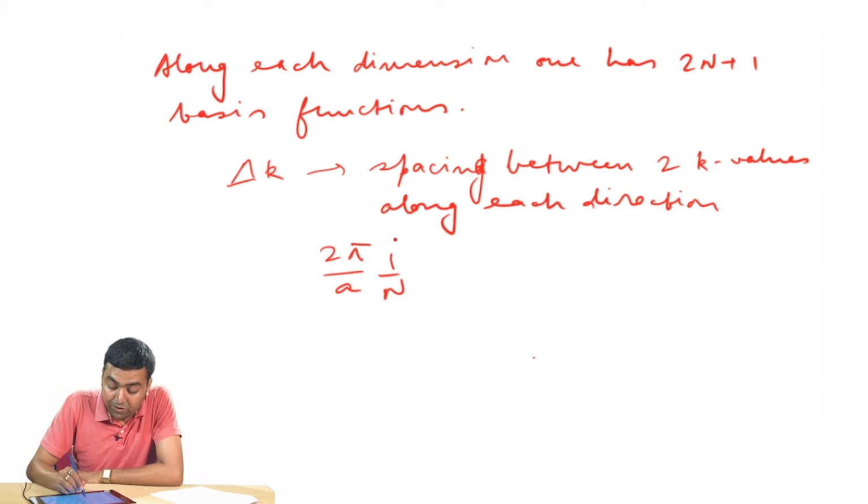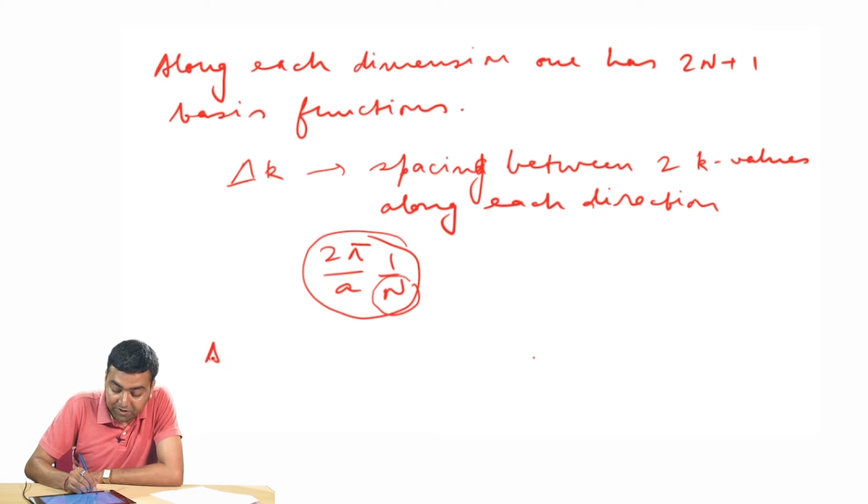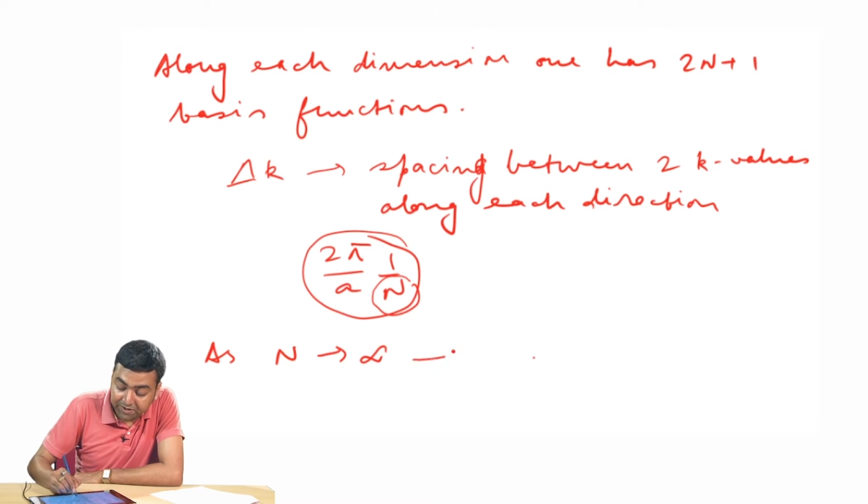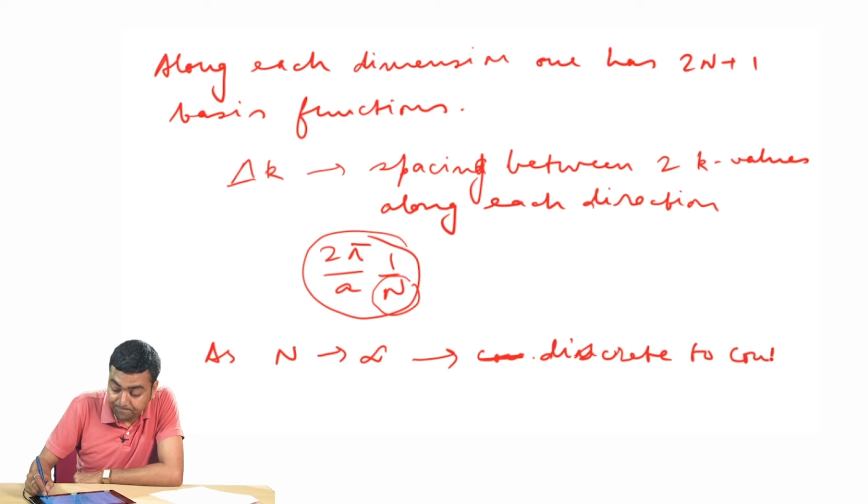So, now you see in this value, if my n goes to infinity, so as n tends to infinity, this basis goes from a discrete to a continuous one.